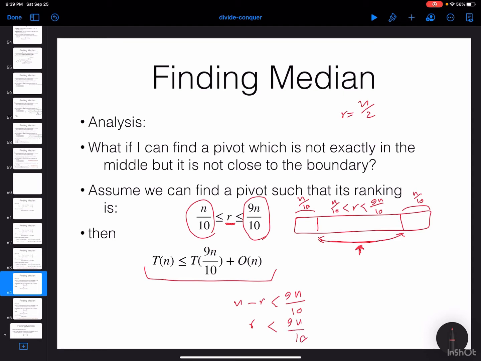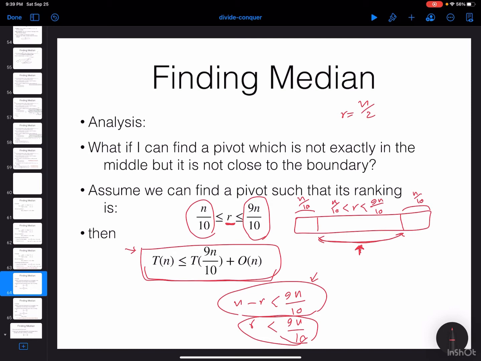So the maximum of the subproblems is exactly 9n-tenth. So the time complexity will actually be solved using this recurrence relation.